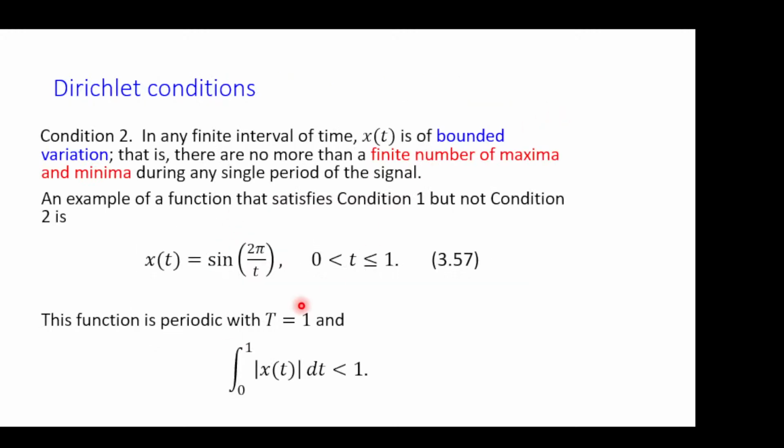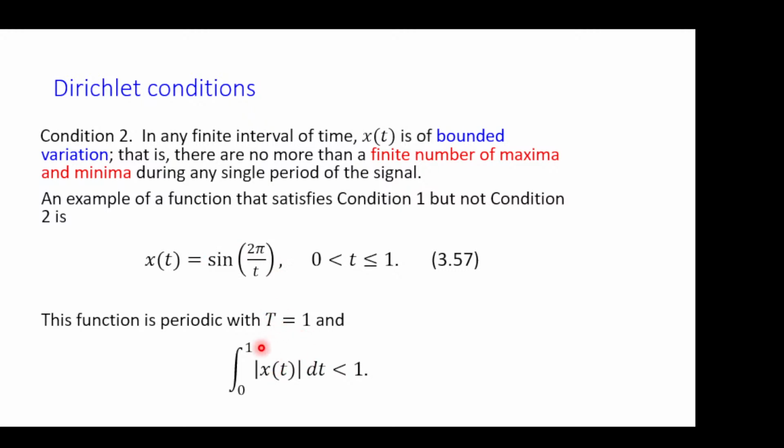So this will violate condition 2, while not violating condition 1, because this is still absolutely integrable. If you take the absolute value, it is all less than 1 because it's a sine function.